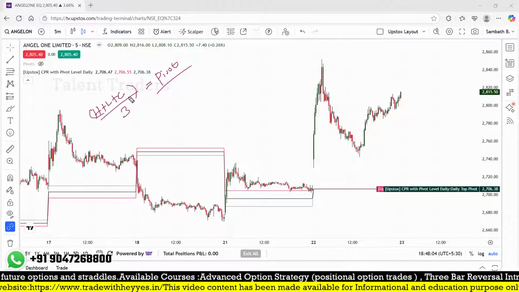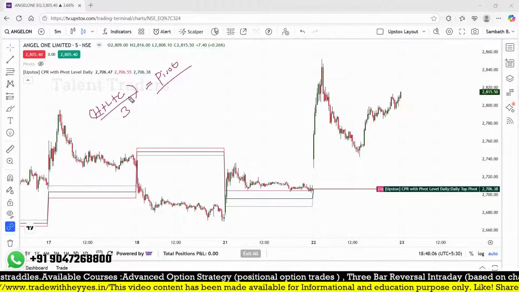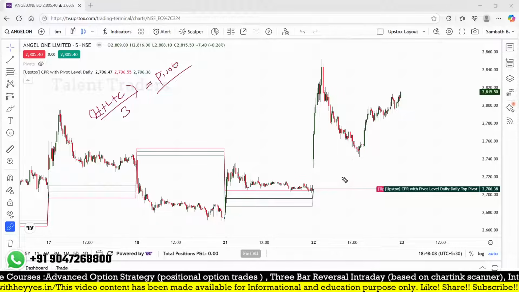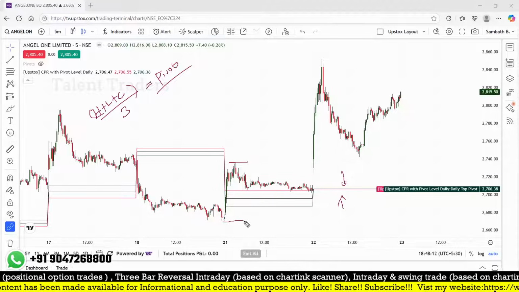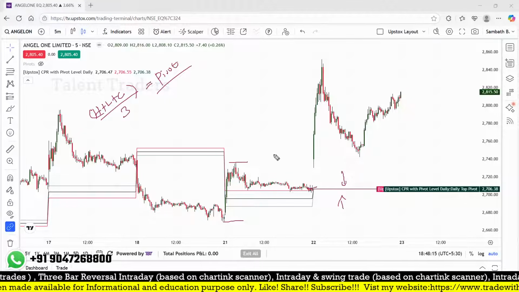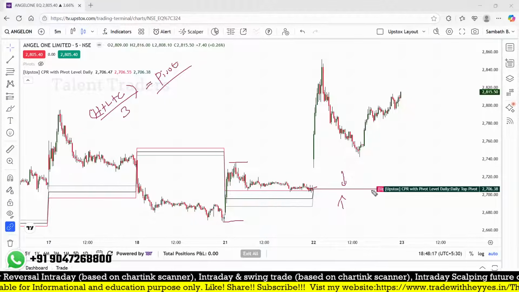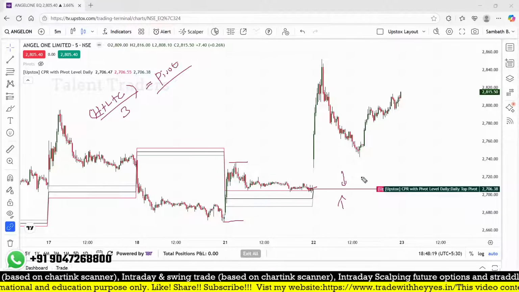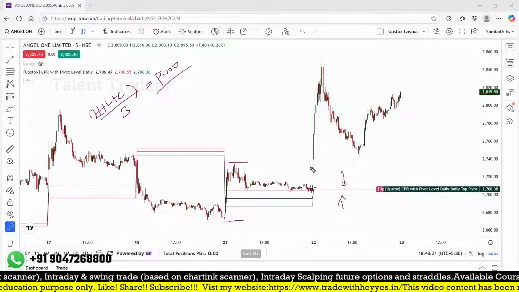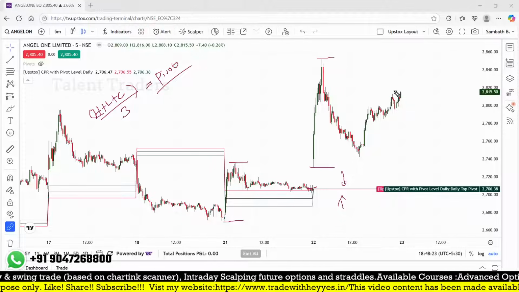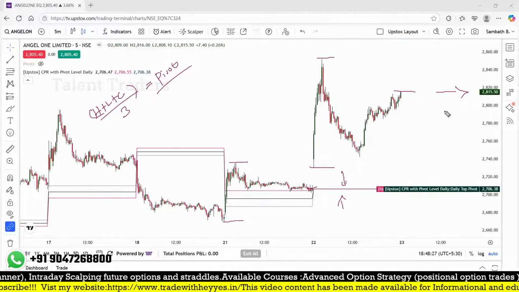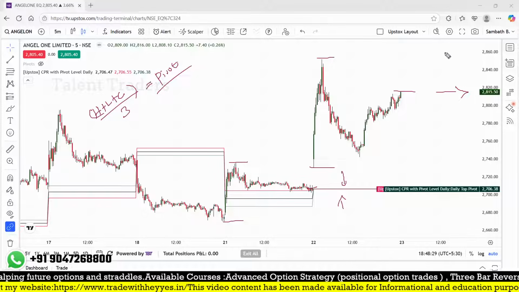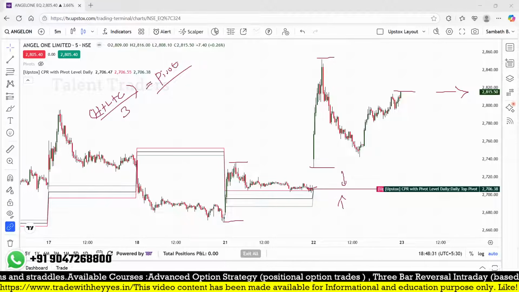For example, today's level is calculated based on the previous day's high, low, and closing values. Likewise, based on today's high, low, and close, we can easily get tomorrow's level one day in advance. That is what is very important about these pivot levels.